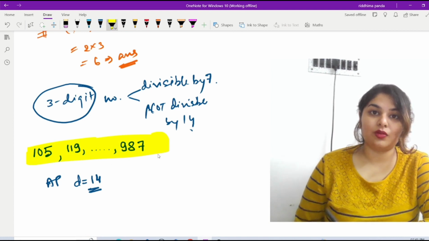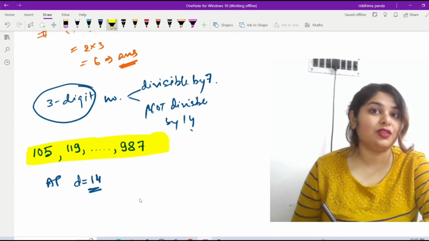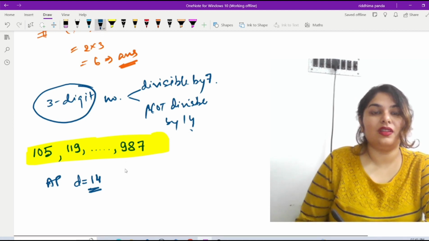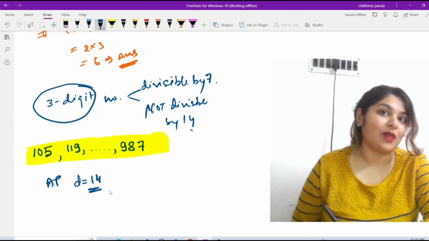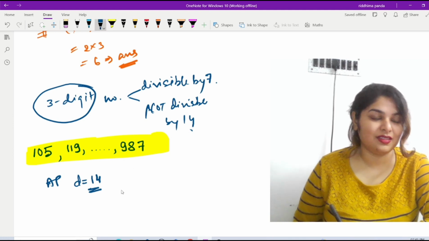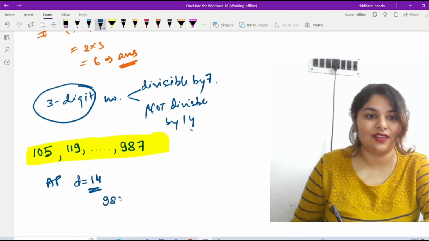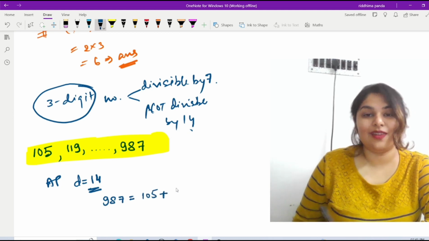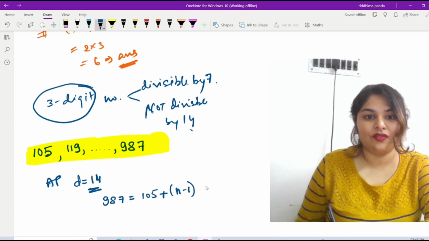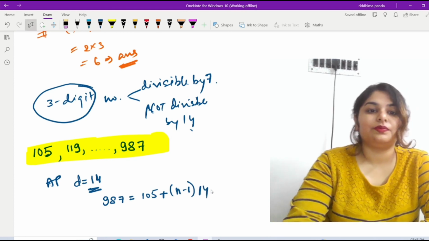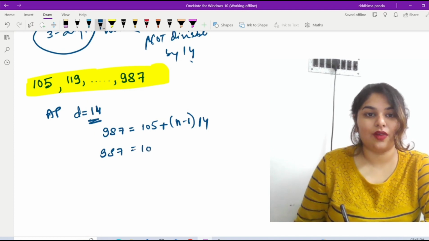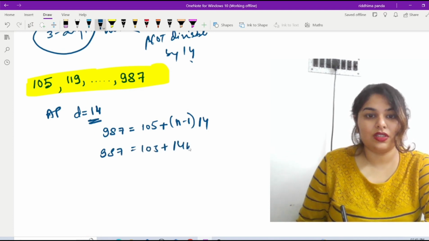Now in order to find the sum of the series, first I need to find the number of terms, right? So how can we find the number of terms in an AP series? Let us write down the equation where the nth term, that is 987, is equal to a, which is 105, plus (n minus 1) d, which is 14. Let us solve this. 987 is equal to 105 plus 14n minus 14.